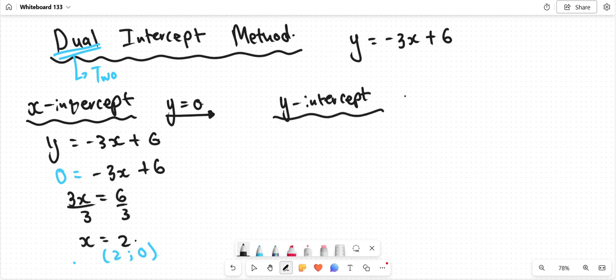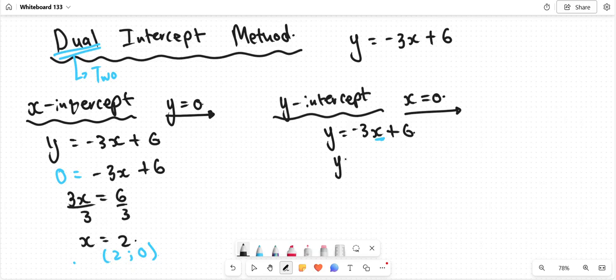So that's the x-intercept. And by virtue, if you're calculating the y-intercept, then it should make sense to us that now we're going to make x equal to 0. Again, why? Because on the y-axis, the x-coordinate is always 0. So we're going to take the equation again, the one that's given, and we're going to replace the x this time with a 0.